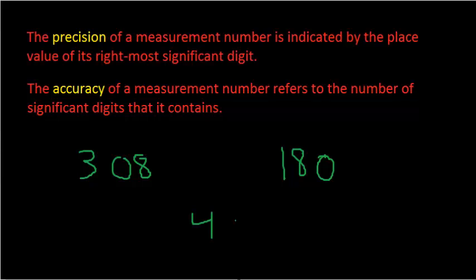So accuracy refers to the number of significant digits, whereas precision refers to the rightmost significant digit. For these same numbers, this 4 is precise to the ones place, 180 is precise to the tens place, and 308 is precise to the ones place.